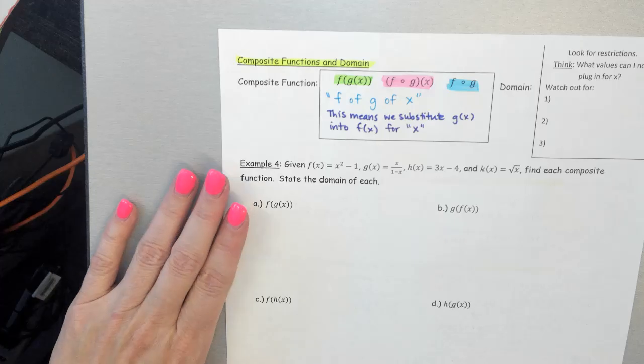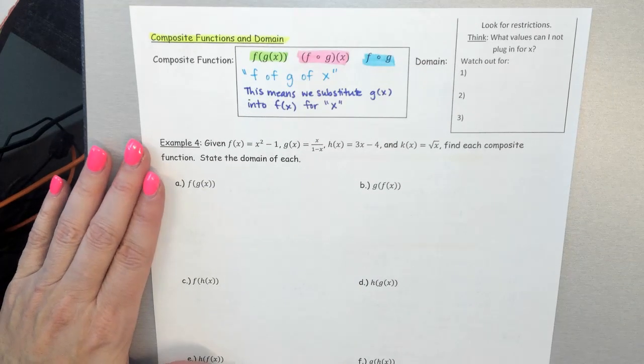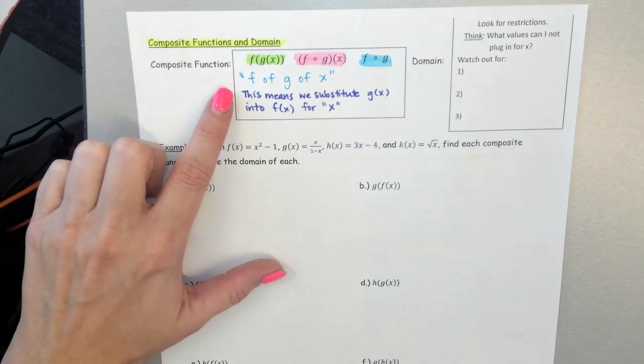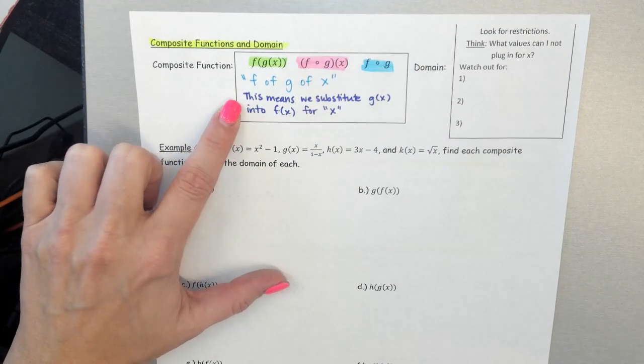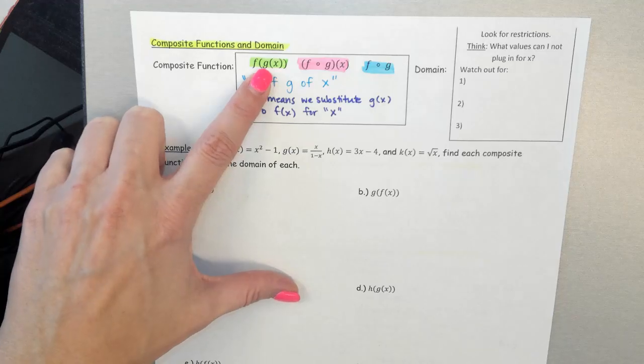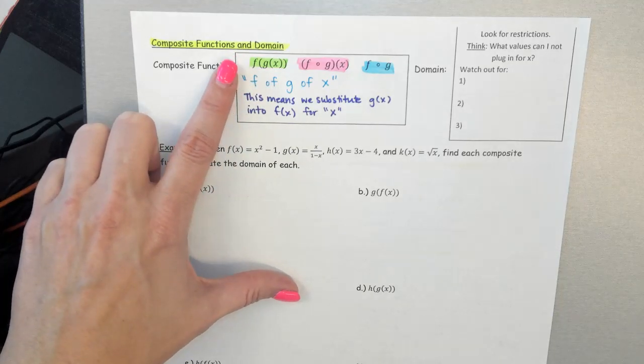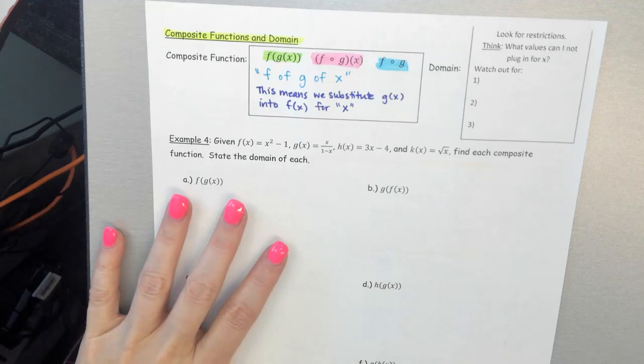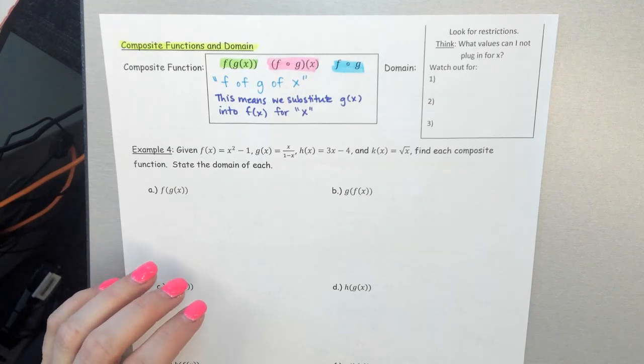So we are going to be substituting an expression into an expression. Okay, so f of g of x means we're going to substitute this g of x expression into the f of x expression. And we are also going to have to identify the domain.